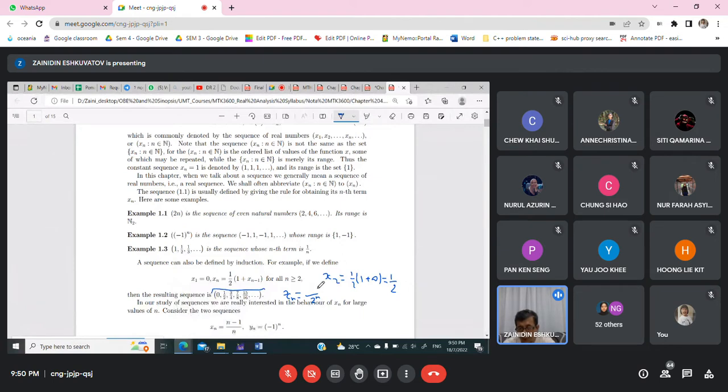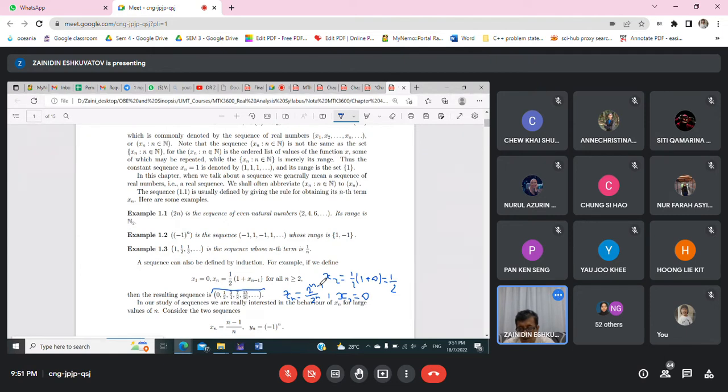For this case, I can do 2 to the power n minus 1. Without knowing the above statement, definitely I should write x1 is 0.